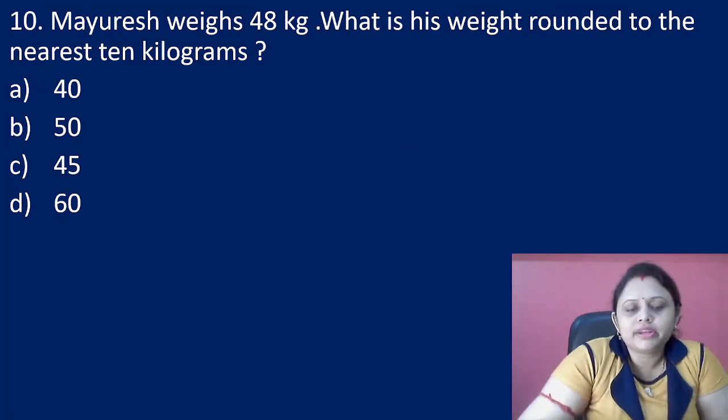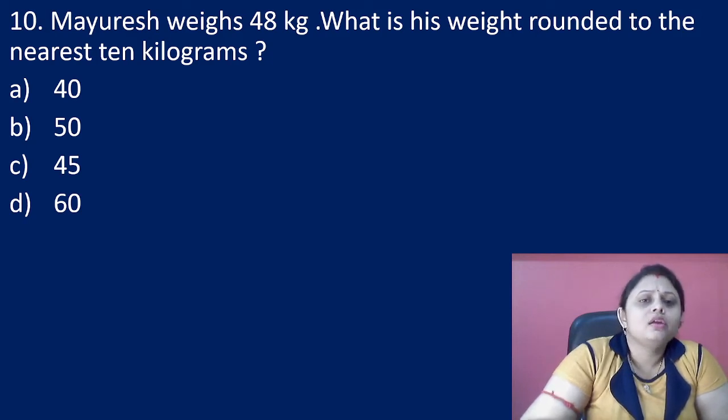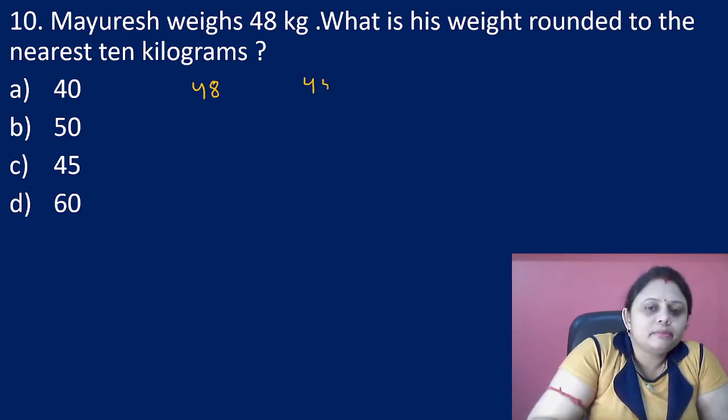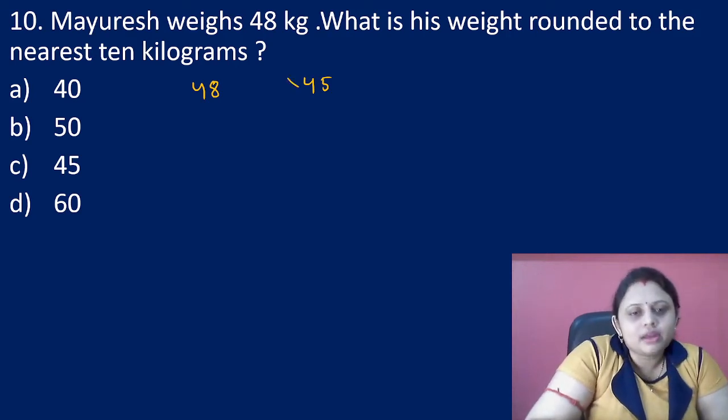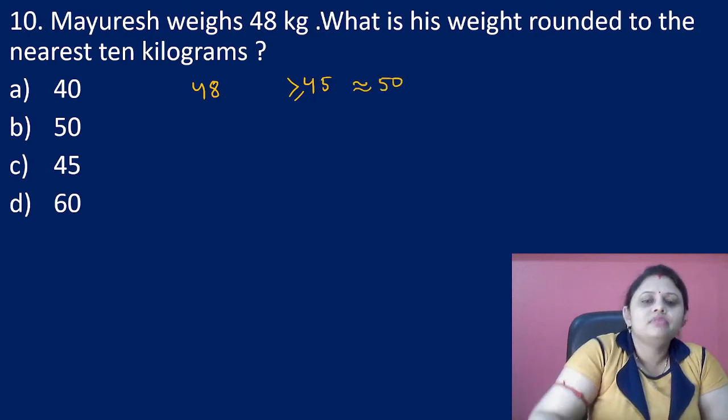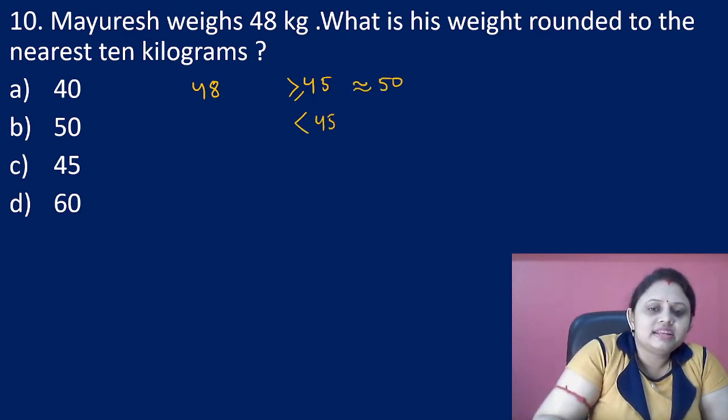Mayuresh weighs 48 kg. What is his weight rounded to the nearest 10 kilograms? Okay, we have to find out the nearest 10 of 48. It will be applicable everywhere. If a number is greater than or equal to 45, then the nearest 10 will be 50. If a number is less than 45, the nearest 10 will be 40.